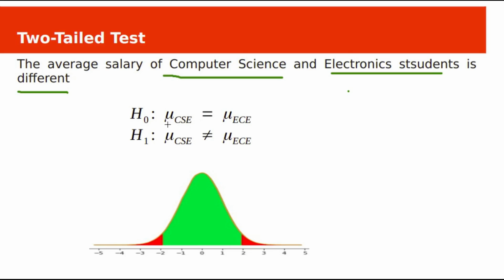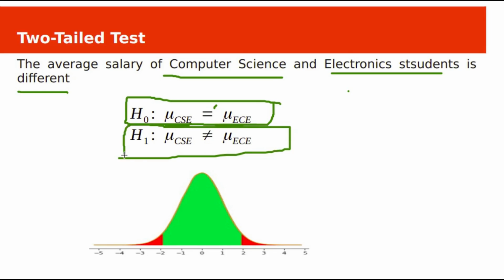So if the population mean of CSE students is mu CSE and the ECE students' average is mu ECE, then the null hypothesis will be that the average value of CSE students is equal to the average value of ECE students, and the alternate hypothesis will be the opposite of this statement. So the alternate hypothesis will be that the average salary of CSE students is not equal to the average salary of ECE students.